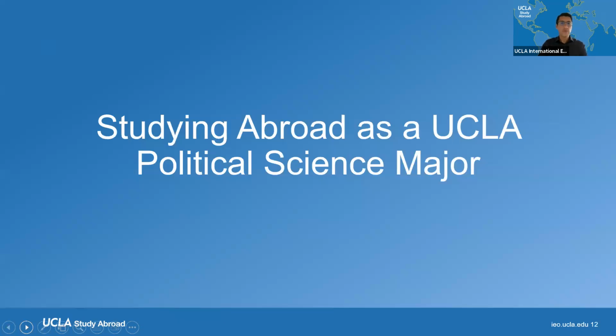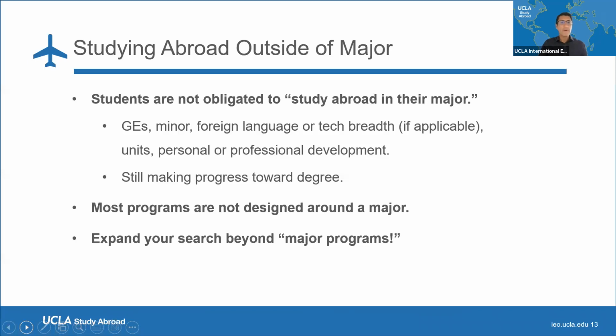Okay, so studying abroad as a UCLA political science major. And this is when Charlie is going to join me to explain a couple of slides. But basically, you're not obligated to study within your major. You can do a little bit of GEs, maybe foreign language, but while you're doing all of these types of programs, you're still making progress towards your degree.